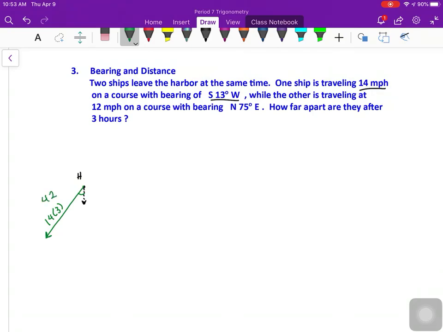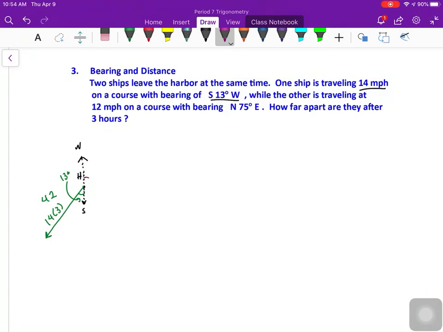We're going 14 miles per hour for 3 hours. 3 times 14, so that's 42 miles on that one. And keep in mind, this angle up here is 13 degrees. The other ship is traveling in the direction north 75 degrees east, so I need a north line.